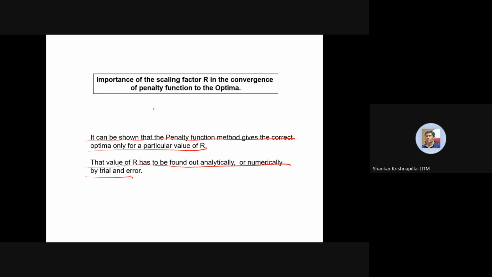So now we are writing minimize f of x plus R into penalty function. And we already studied various types of penalty functions: reciprocal, logarithmic, then bracket operator, parabolic, etc.